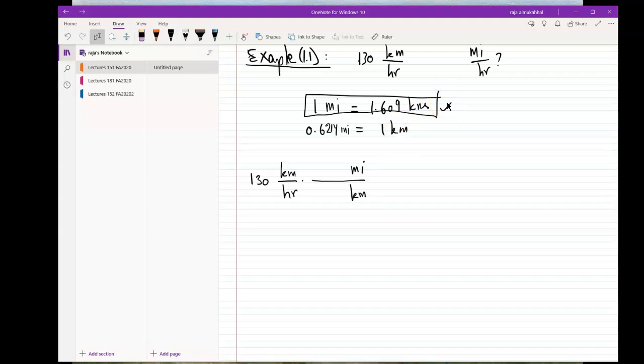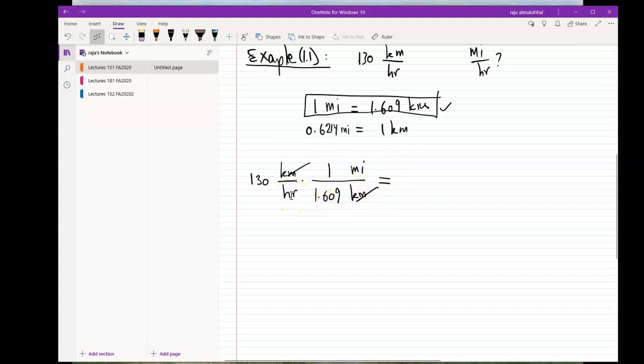So it says 1 mile is 1.609. And that's it. Notice that the kilometers cancel out, and I'm left with 130 times 1 divided by 1.609, what, miles per hour.